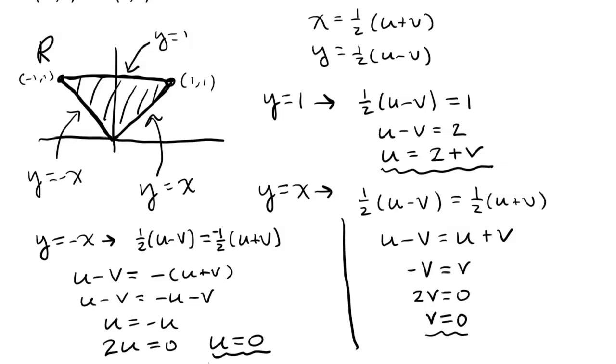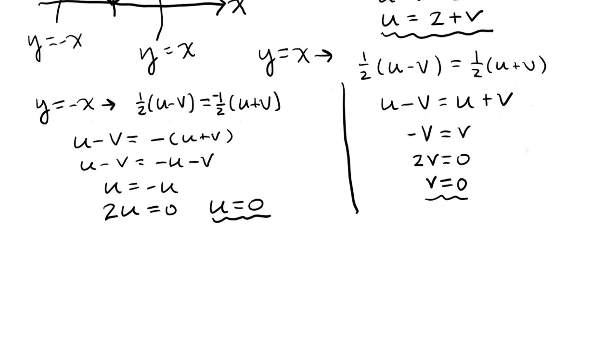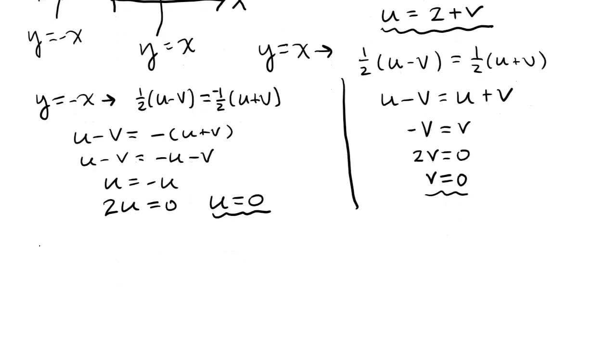So let's try and draw this then in the UV plane. Remember, R up here was in the XY plane. Let's draw the UV plane. So my new region S in the UV plane: we've got u equals 0, which is the v-axis. We've got v equals 0, which is the u-axis. And then we have u equals 2 plus v.